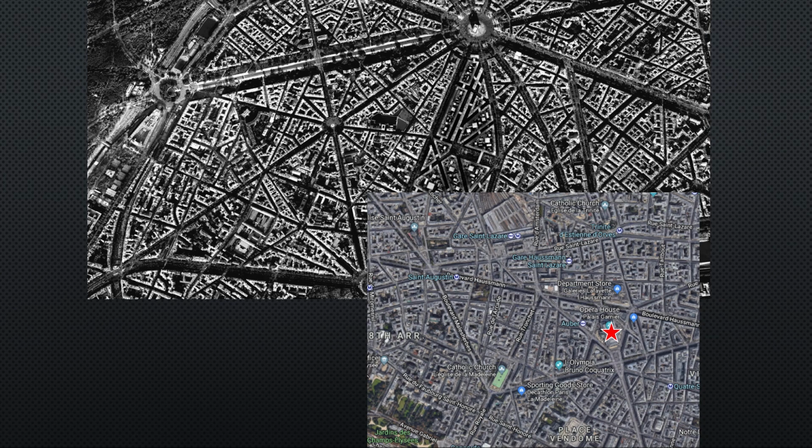This was all part of the grand redesign in the 19th century of the city of Paris. And there are several hubs going around the city. The one that you see there is the Arc de Triomphe. And down in the lower map, I found the place where the opera house is. So it's not really quite so obvious there that it is a hub, but it had several streets leading to it, and it was an important point.